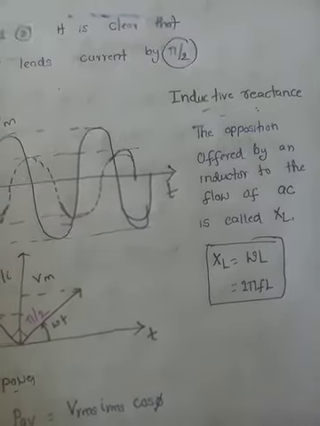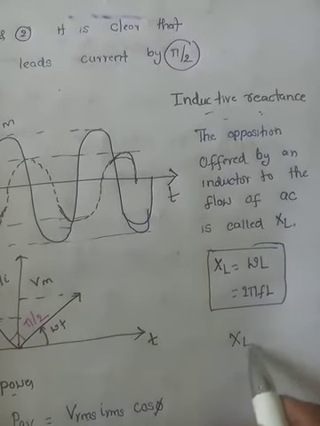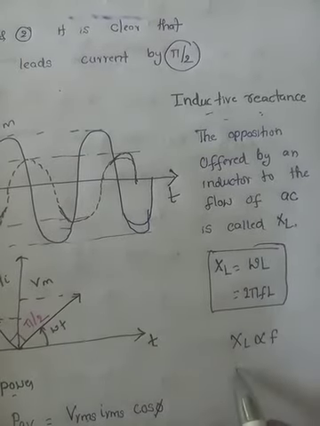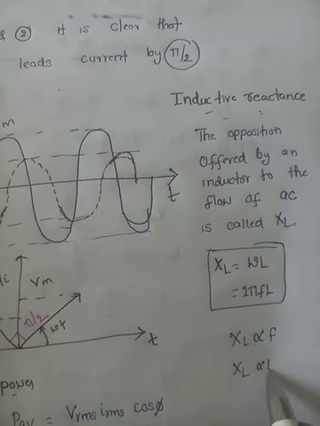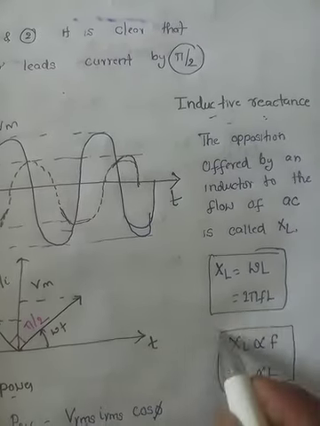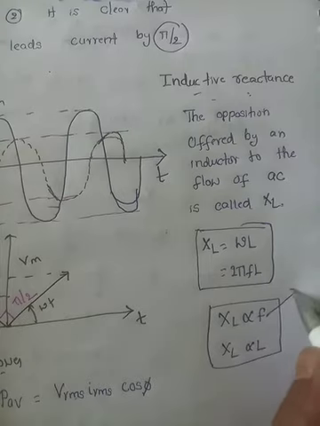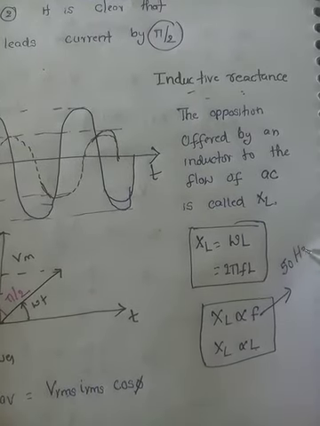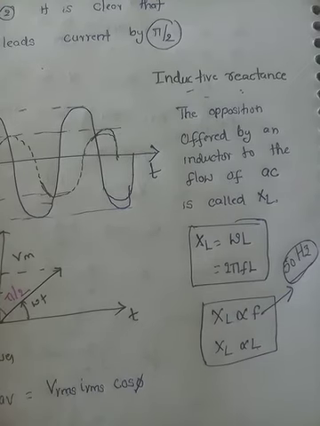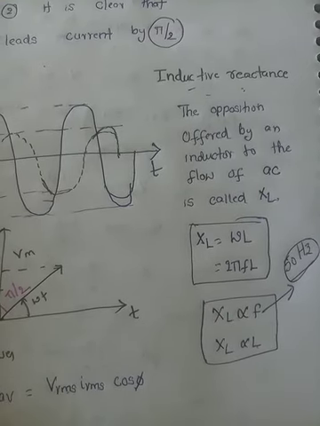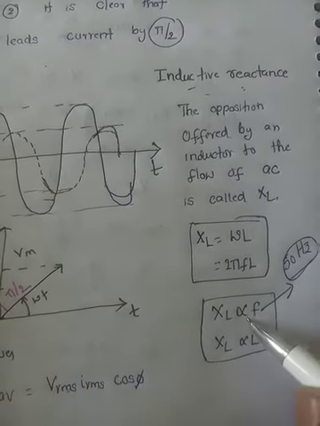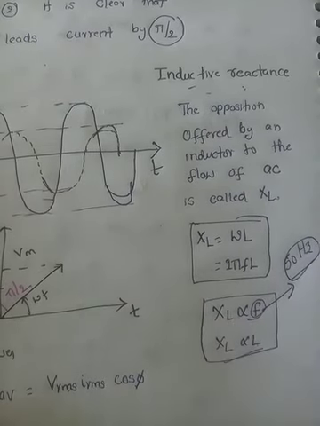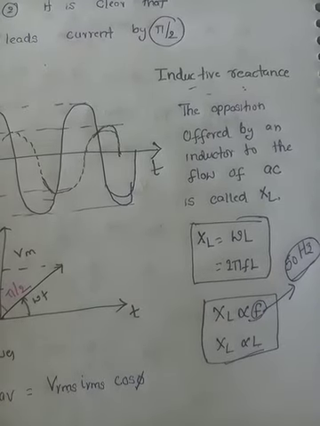So, the inductive reactance is directly proportional to frequency and directly proportional to inductance of the inductor. As we know, in India, the frequency of AC mains is constant, that is 50 hertz or 60 hertz maximum. So, it is independent. Now, it completely depends upon what? Inductance of the inductor.